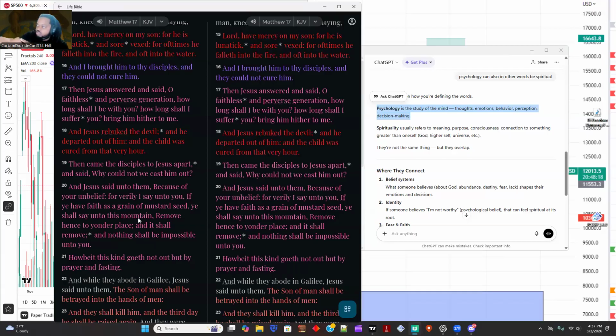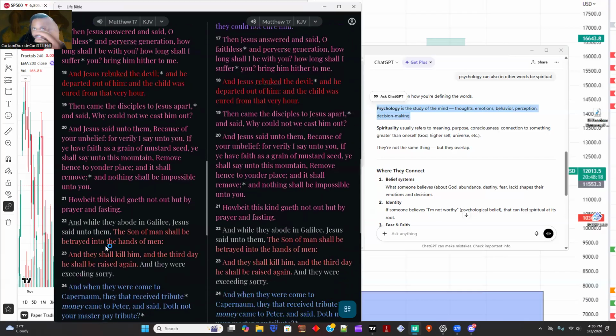Now, not an actual mountain, but this is a similitude. The mountain is your problems. The mountain is the unclean spirits. The mountain is the devils that we have, or our issues, or our trials and tribulations. So it says, we'll say to this mountain, remove hence to yonder place, meaning go somewhere else. And it shall be removed, and nothing shall be impossible to you.